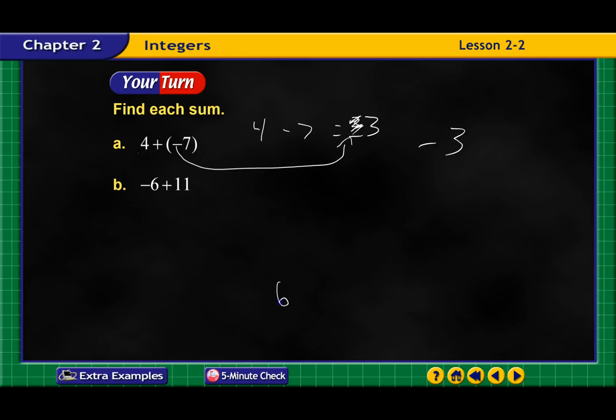So take 6 and 11. 11 minus 6 is going to come out to 5. Okay, my greatest absolute value number is positive, so it would be a positive 5. Or you can use the number line. That's my preference.